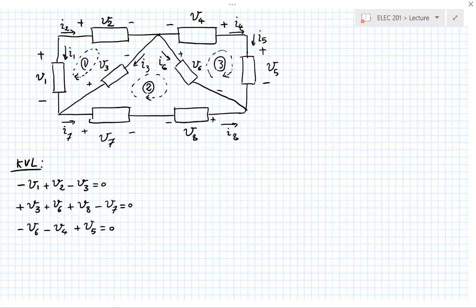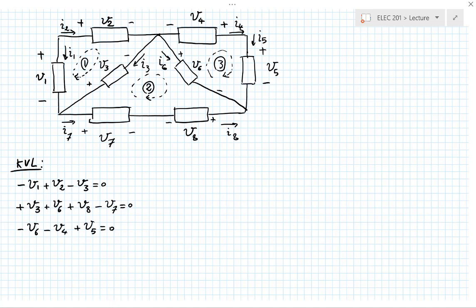If I write that equation, it will have minus V1 plus V2 plus V6, plus V8 minus V7. You can see readily that if you add equations 1 and 2, that's what you get, because V3 will cancel out between the two of them. And you get the equation for the loop that's the combination of loops 1 and 2.